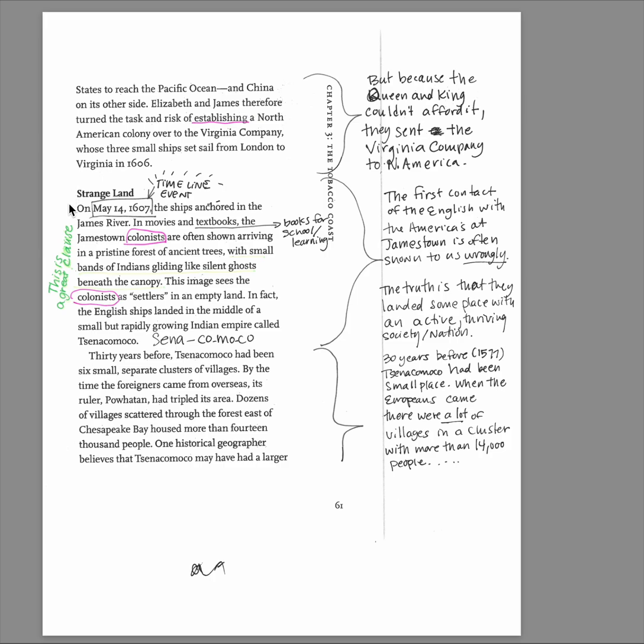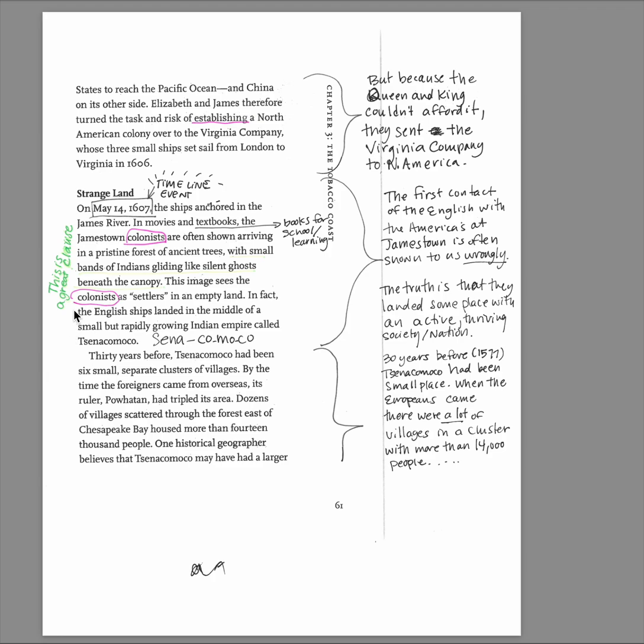Strange land. On May 14th, 1607, we're going to put that in our timeline, the ships anchored in the James River. In movies and textbooks, the Jamestown colonists are often shown arriving in a pristine forest of ancient trees with small bands of Indians gliding like silent ghosts beneath the canopy. This image sees the colonists as, quote, settlers, unquote, in an empty land.